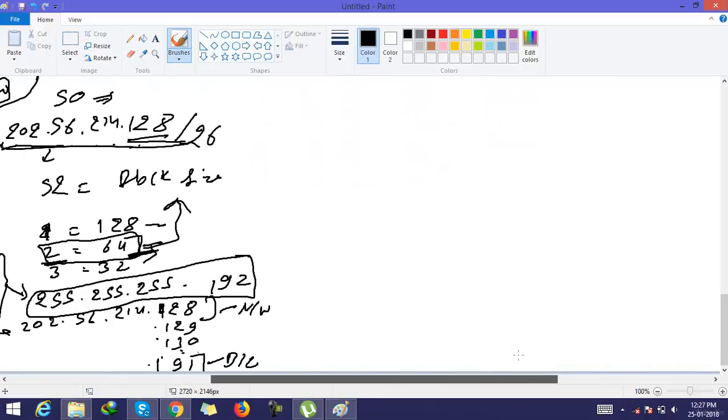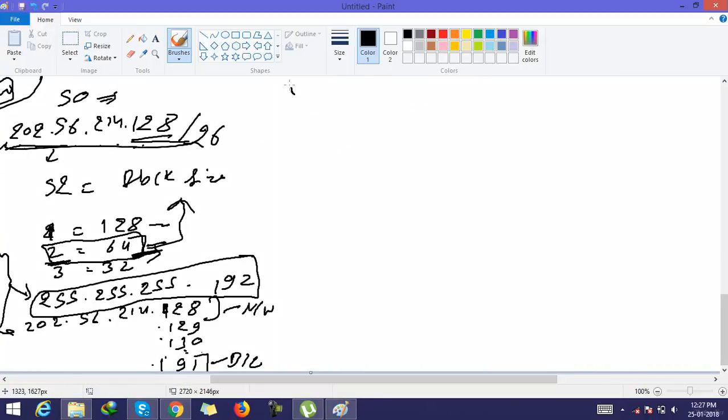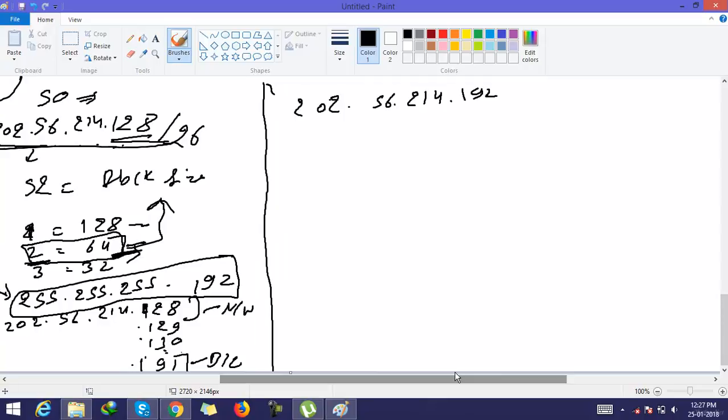Now for the third subnet or third LAN, the network ID becomes 202.56.214.192, because the broadcast ID of the previous subnet is 191, so the network ID for this subnet is 192.